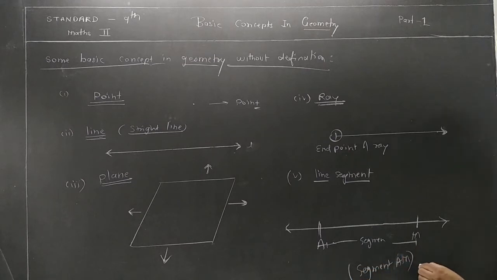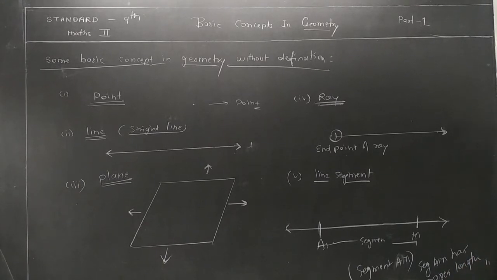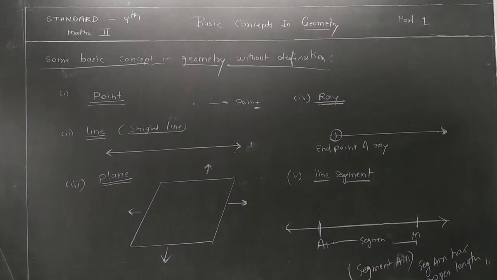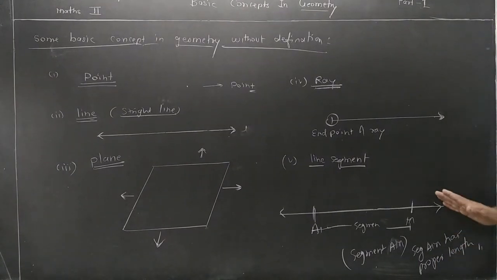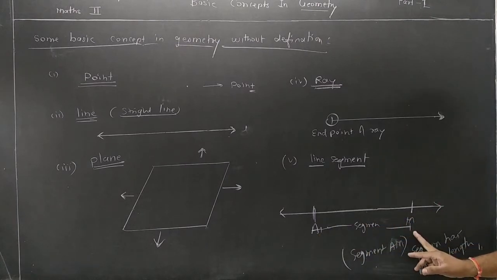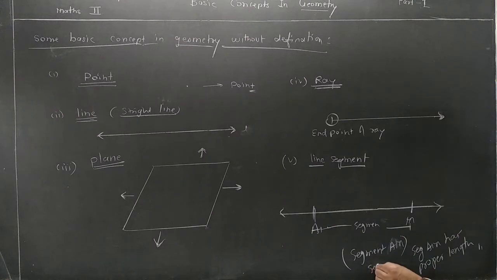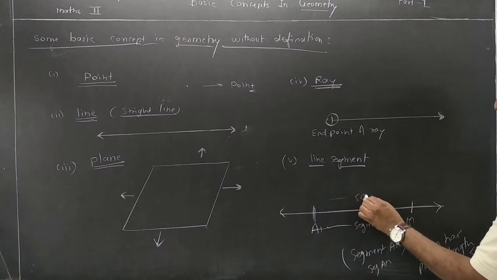And segment AM has proper length. AM has what? Proper length. So please keep in mind, this is the line segment AM, and this is called segment AM, seg AM, and it has a length. Length AM is equal to 5 centimeters, if it is 5 centimeters.